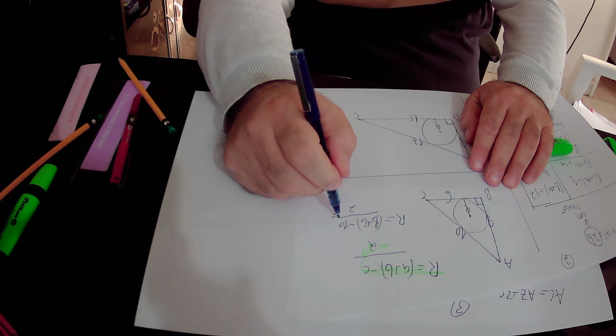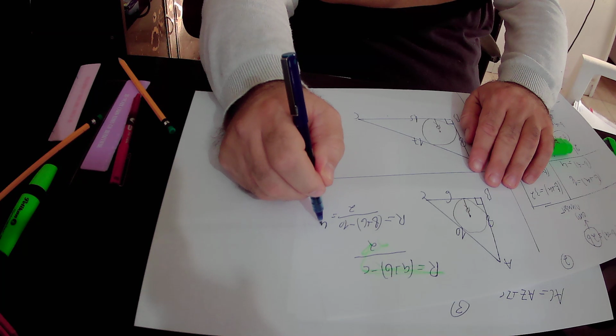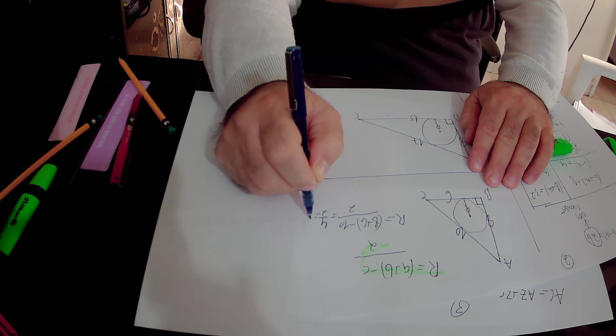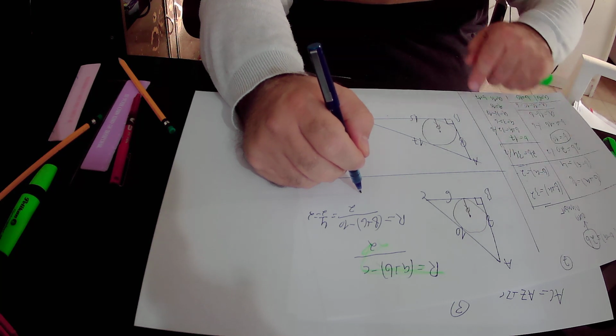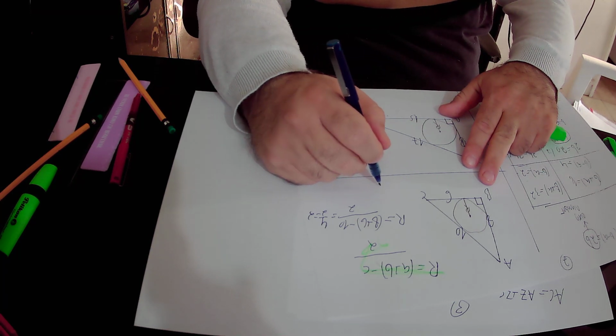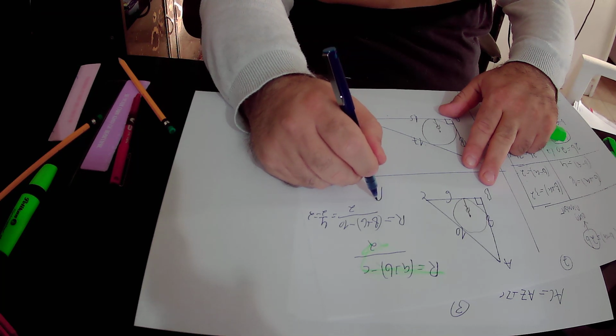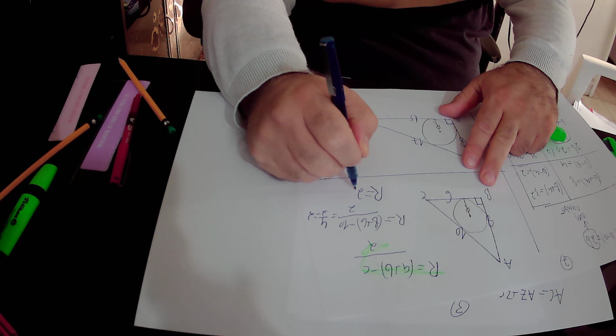So 8 plus 6 is 14, and 14 minus 10 is 4, and 4 over 2 is 2. So the first solution for the radius that is inscribed by the right triangle ABC could be that the length of the radius is equal to 2 units.